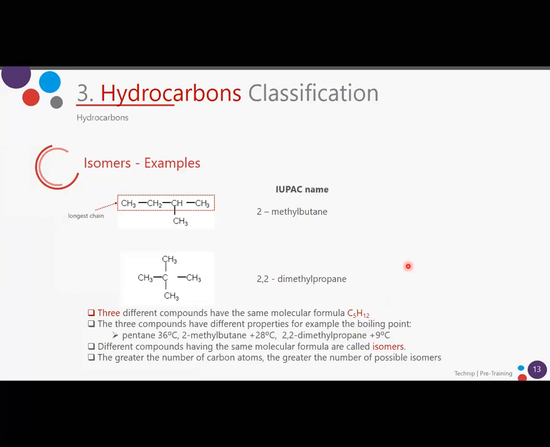As you can see, if you have more branched hydrocarbon, the boiling point will be lower. It is easier to vaporize. The different compounds having the same molecular formula are called isomers, remember? And the greater the number of carbon atoms, the greater the number of possible isomers.